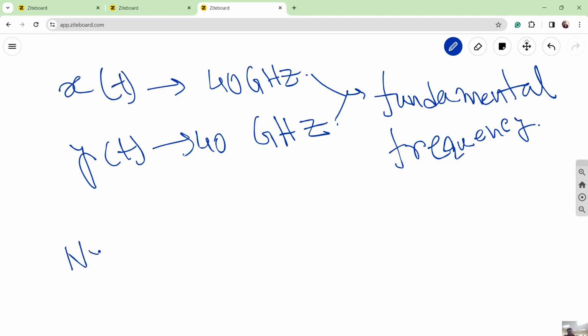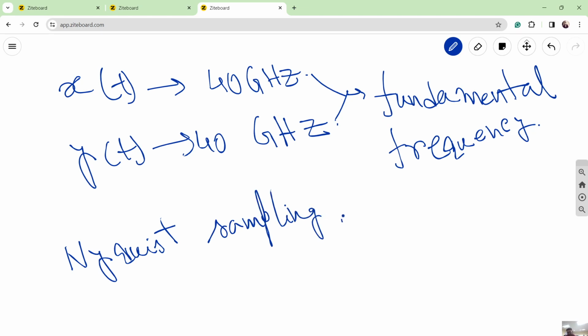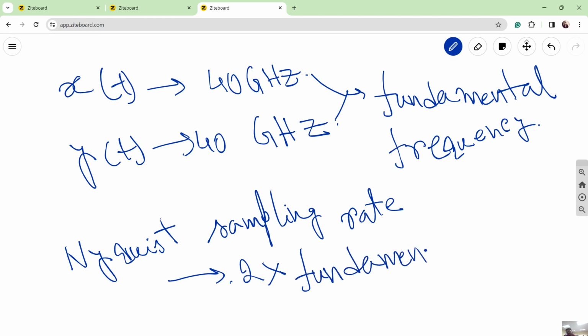So the Nyquist rate will be 2 into the fundamental frequency.